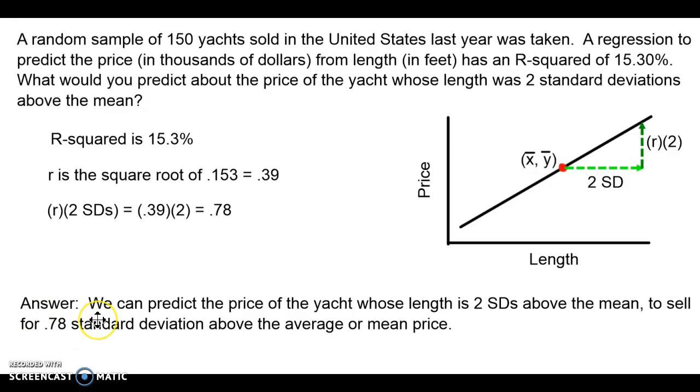We can predict the yacht whose length is 2 standard deviations above the mean to sell for 0.78 standard deviations above the average or mean price. So if the length is 2 standard deviations above the average length, then the predicted price is going to be R times 2, which is 0.78 standard deviations above the average price.